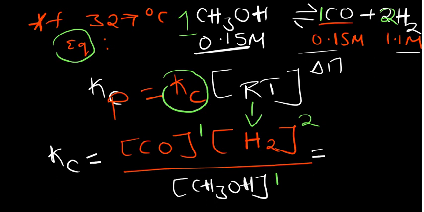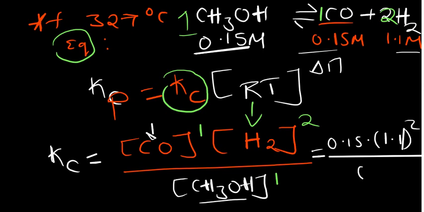So now in this case we now have everything. Our carbon monoxide will substitute there. We have 0.15. Our hydrogen is 1.1, squared, divided by our reactant, which is 0.15. So grab your calculator there. I'm sure there is no need for us to use a calculator for the first part.